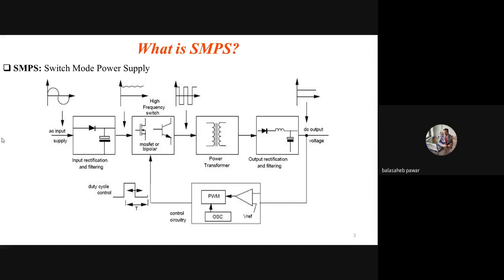So I repeated that example: if my desired output is 5 volts and the main DC source at the input of that switch is 207 volts, and the switching frequency of that switch is, I think we took it as 20 kilohertz, then what should be the on period and off period of that switch?